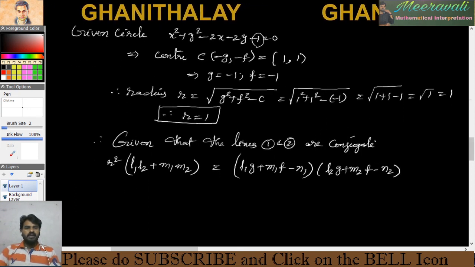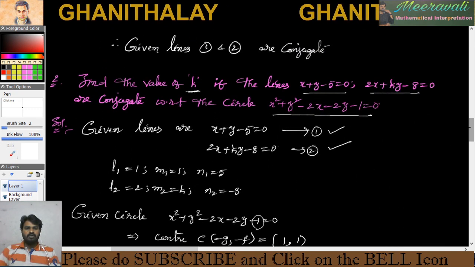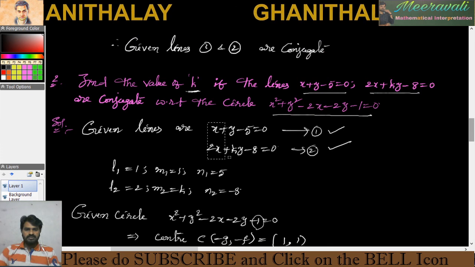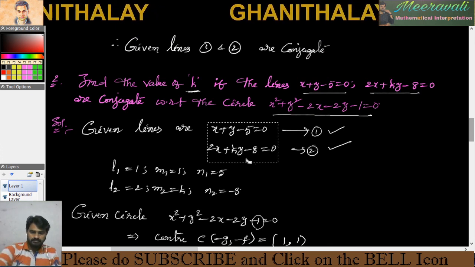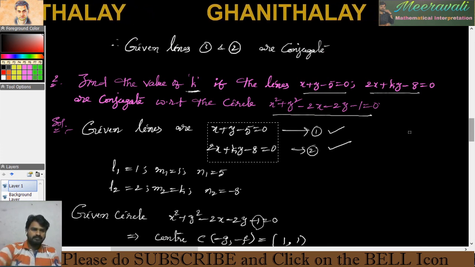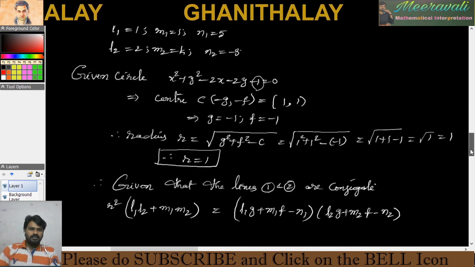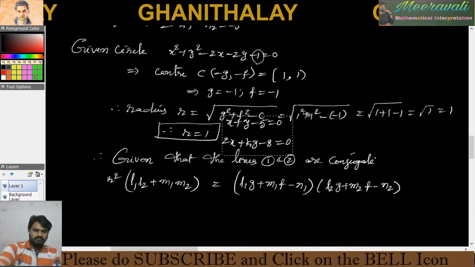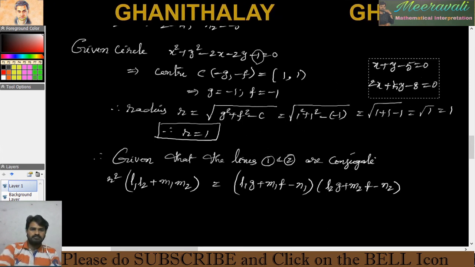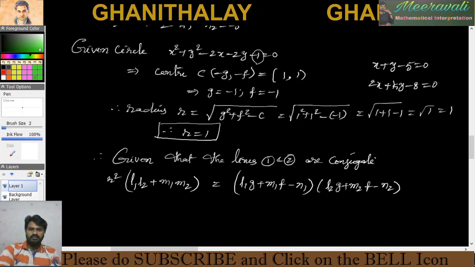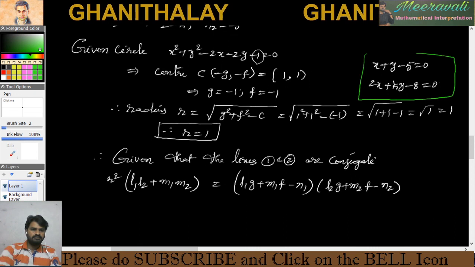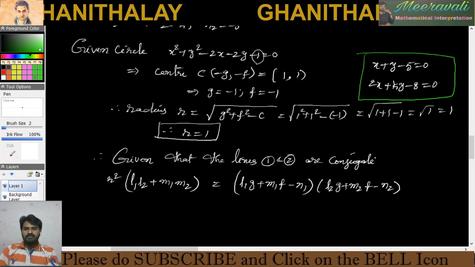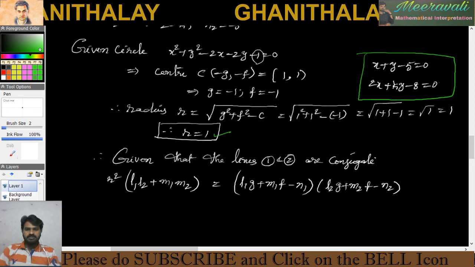For that I have to take the copy of the given lines here, because of simple substitution. So put them there, they are the given lines here. Now simply, r square means radius. How much will you get for the radius? 1.